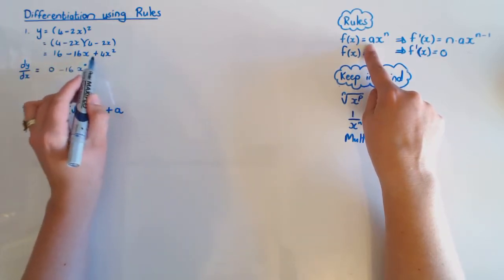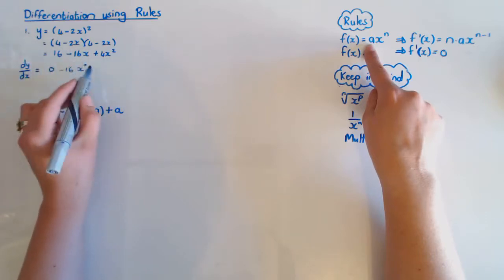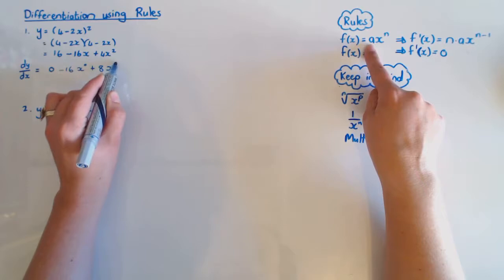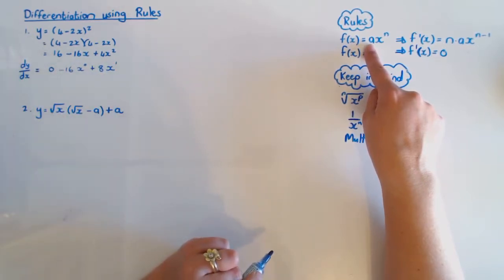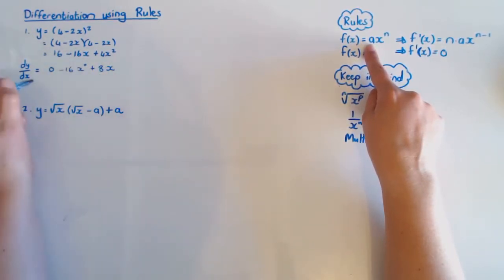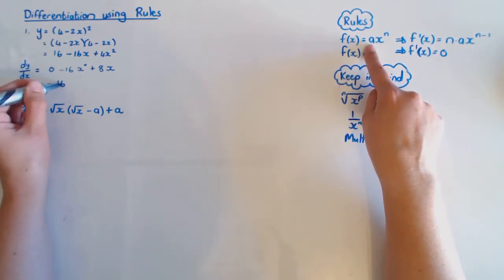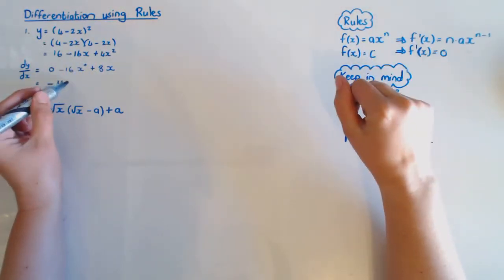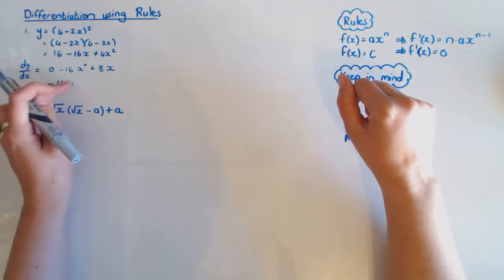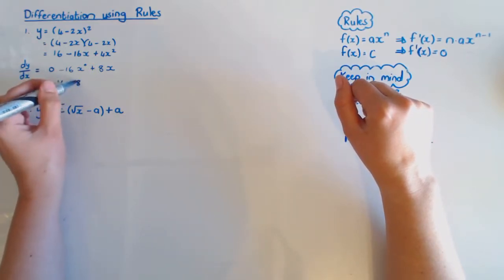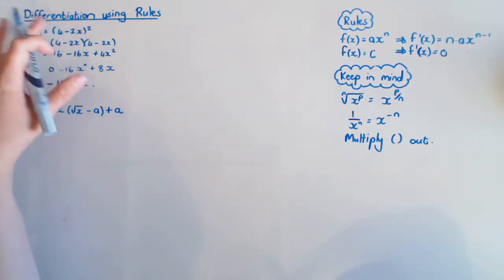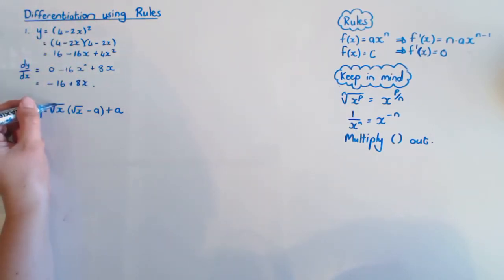Then for this one, I'm going to multiply the 2 in front. 2 times 4 is 8. And then from the 2, I'm going to subtract 1, so my exponent becomes 1, which you don't need to write. So then this is 0, I don't need to write it. Minus 16 times x to the power of 0. Anything to the power of 0 is 1, so that's just times 1, which you don't need to write. And then plus 8x. That's the derivative using the rules of that first equation.